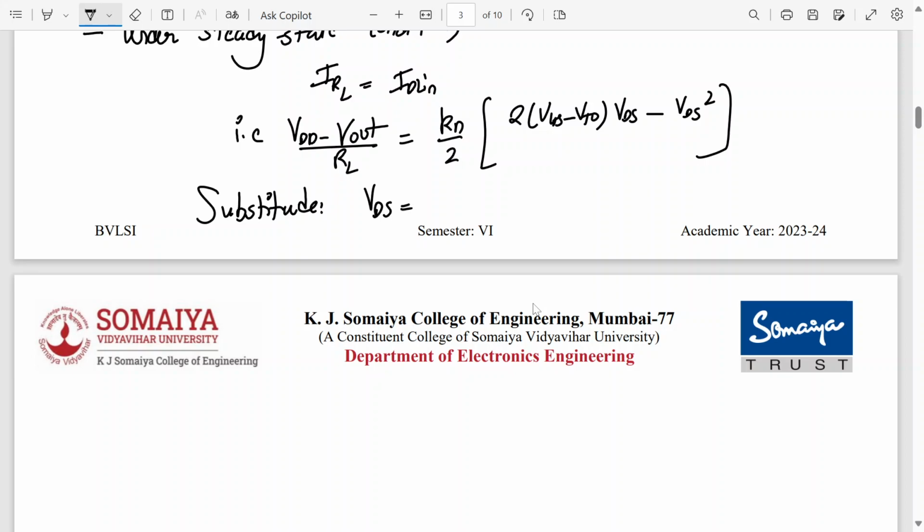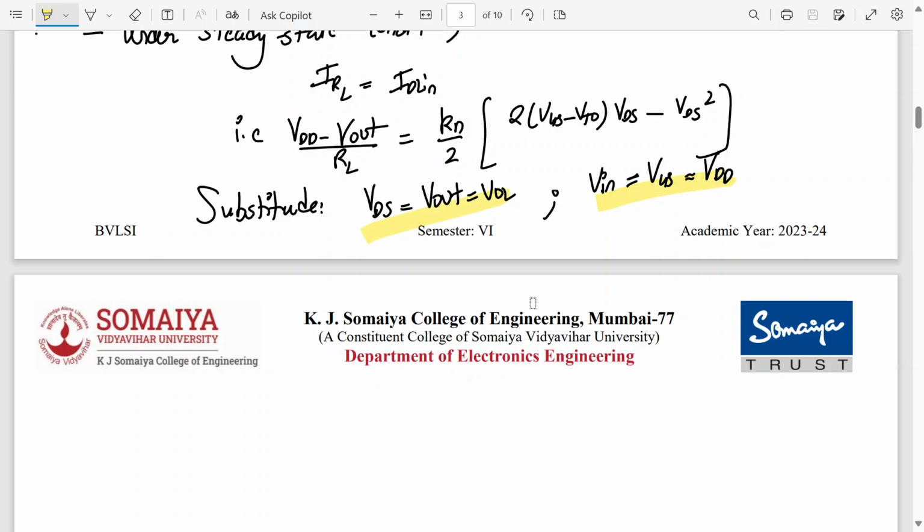Wherever you see VDS, substitute it as V out, which is nothing but VOL at the end, and also substitute V in equal to VGS, or we can say it's almost equal to VDD. So these two substitutions will make the derivation go very smoothly.